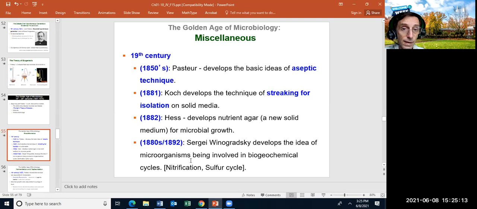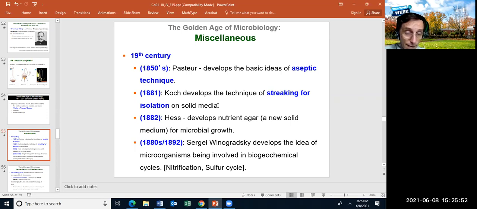In 1881, Koch developed a technique for streaking for isolation on solid media, and Louis Pasteur did develop a technique for getting a pure culture. A pure culture is one that only has one species in it, but Louis Pasteur's technique was really difficult and time-consuming. And Dr. Koch developed a simple technique for getting a pure culture, and that is streak it on a solid media.